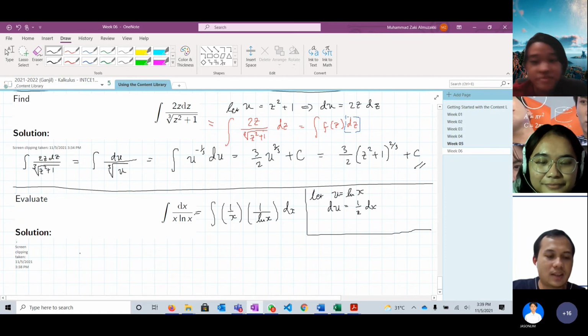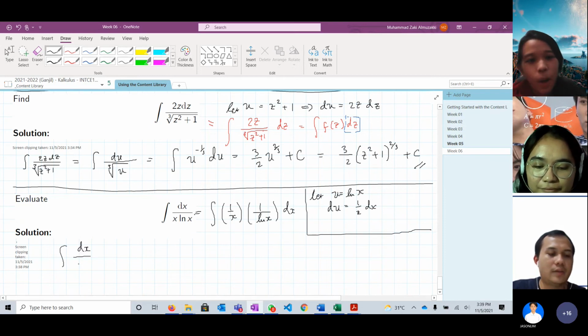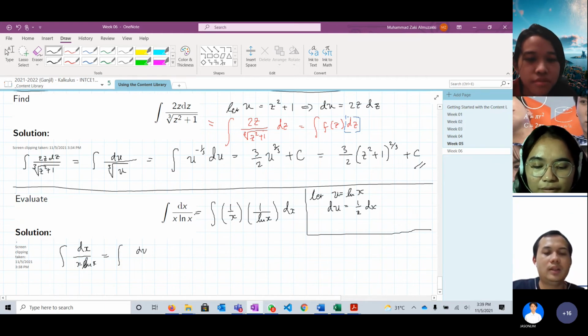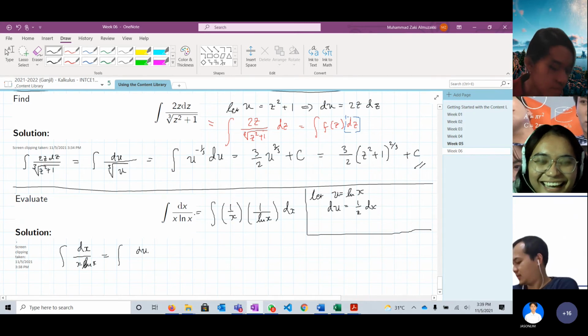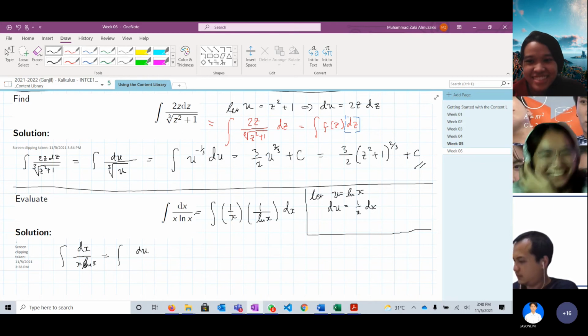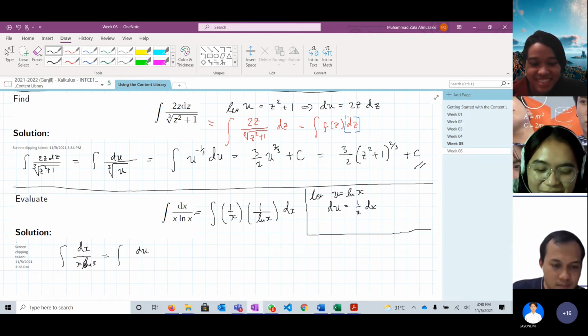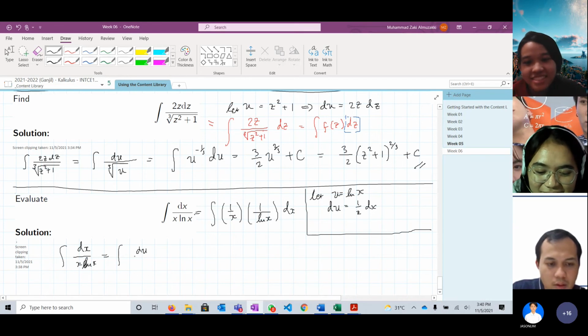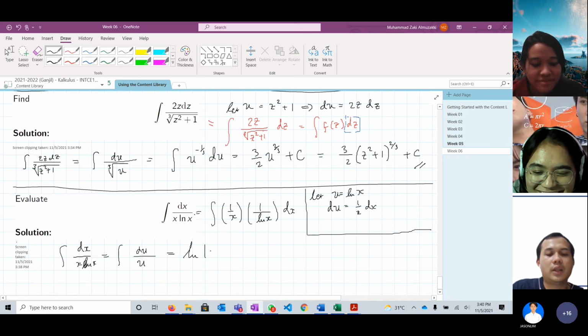So in this case, the integral of dx over x ln x becomes the integral of du over u, which here the integration becomes ln of the absolute value of u plus c.